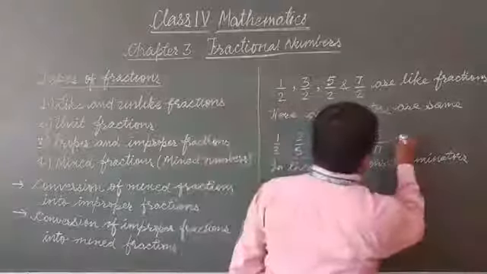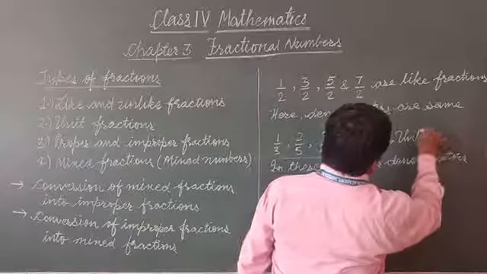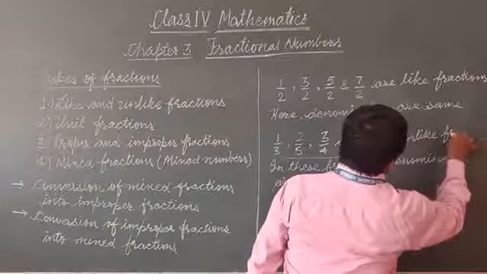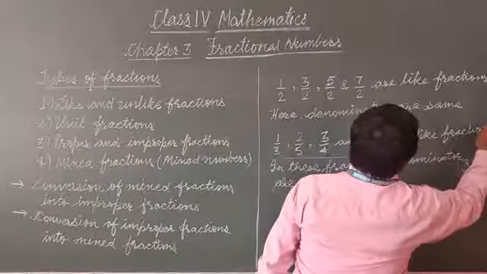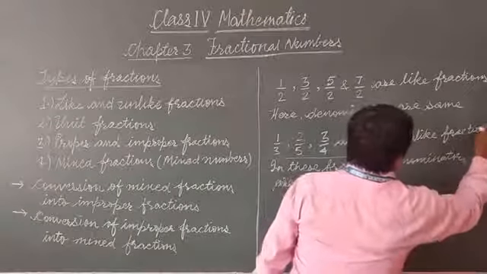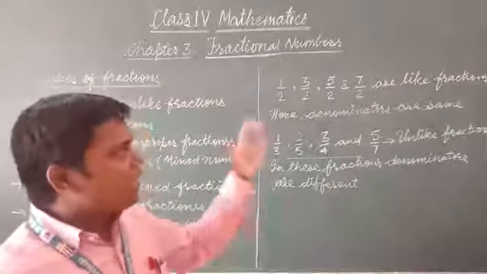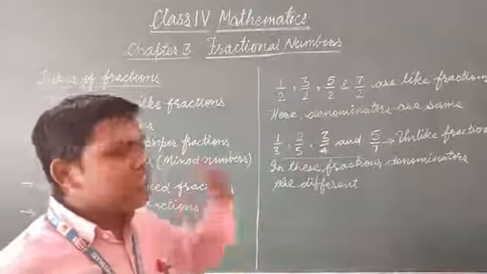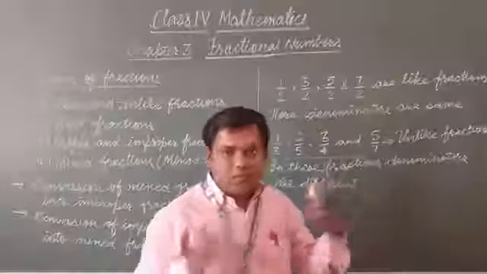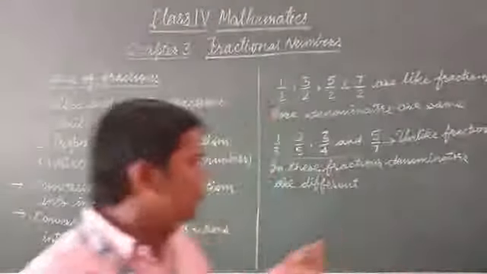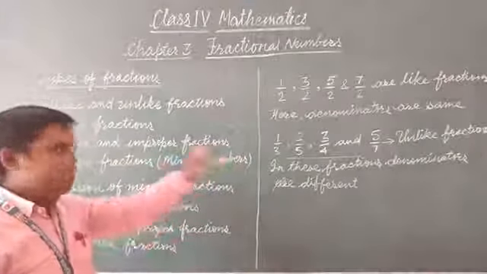Therefore, these fractions are called unlike fractions. So if fractions are given to you, you can easily identify which fractions are unlike and which are like by looking at the denominators. It is quite easy to understand, and you can also do the questions related to this topic.